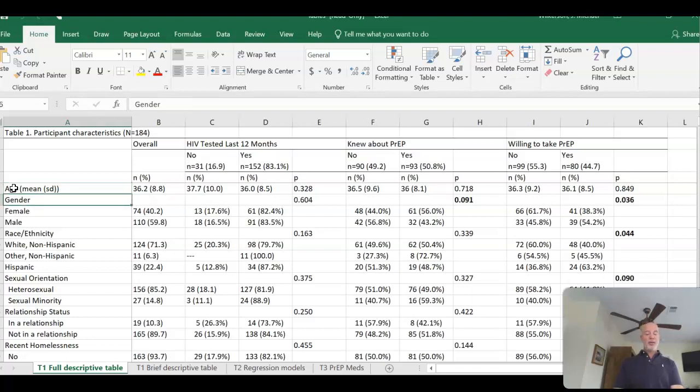Gender in our team is a little bit tricky. On this particular analysis, we excluded trans and non-binary folks because we only had, I think, 2. Generally speaking, in our projects, you will have a fair number of trans and non-binary folks.